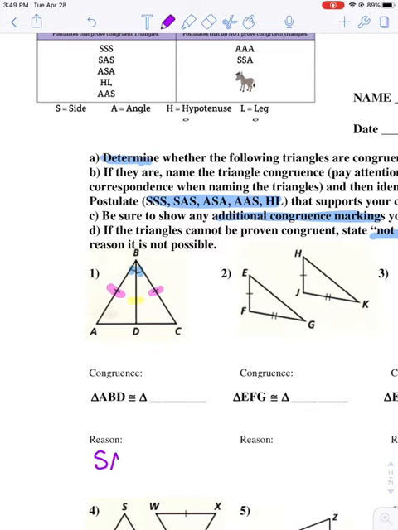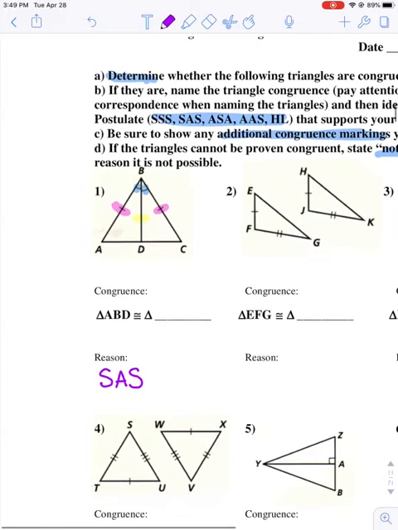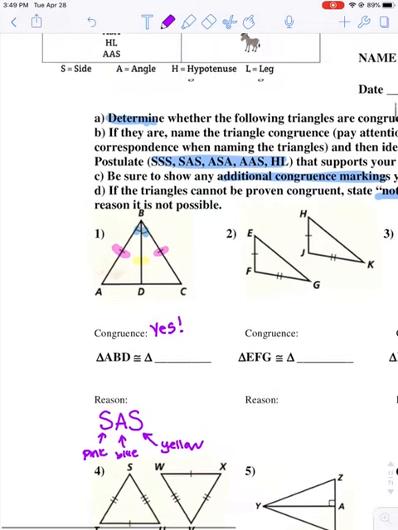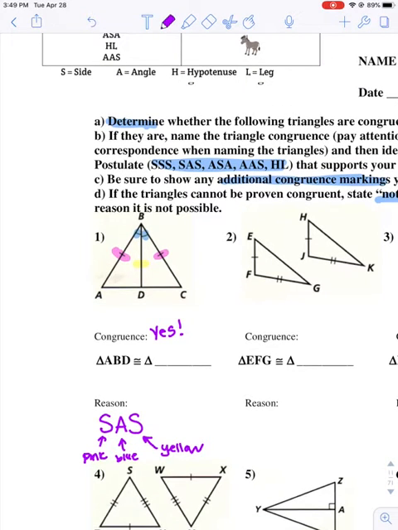So what they really have is a side, that's the pink side. Then they have an angle between them, that's the blue angle. And then they have another side, that's the yellow. So pink, blue, right between them, yellow. I wouldn't actually write that down. I'm doing it just to show you. So yes, they are congruent.